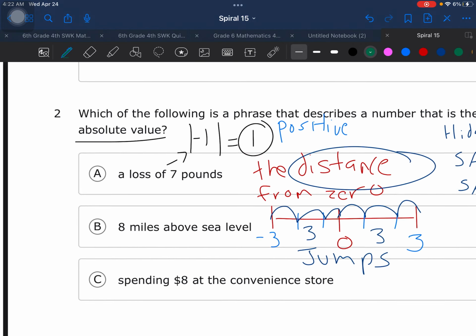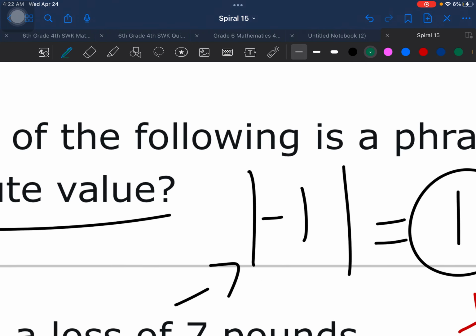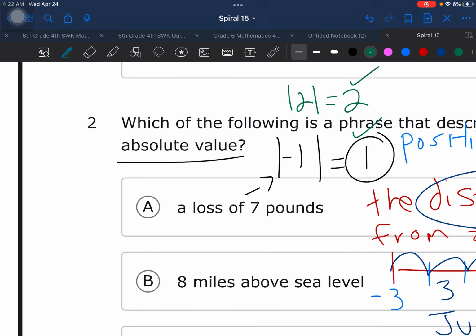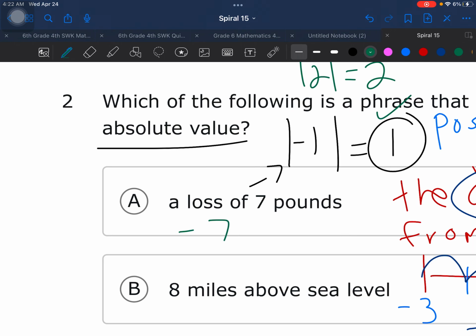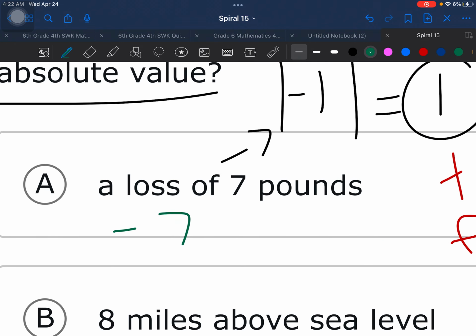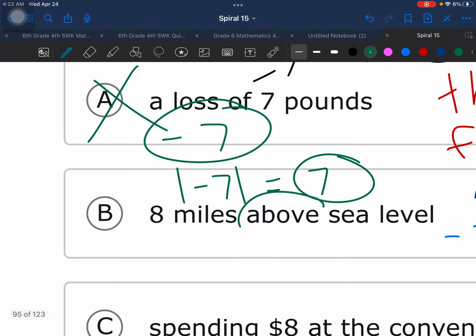Ahora. So, like I said, it doesn't matter what you put inside, it should always equal a positive number. So a loss of 7 pounds. Is the number going to be the same as its absolute value? No, because the absolute value would be positive and these are different. No. 8 miles above sea level, so that's positive.